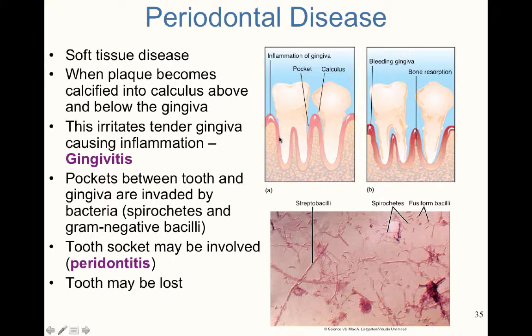And the medical term for this is gingivitis. So the pockets between the tooth and the gingiva can then be invaded by pathogenic bacteria, spirochetes, and gram-negative bacilli, and the tooth socket may be involved. So this is called periodontitis.